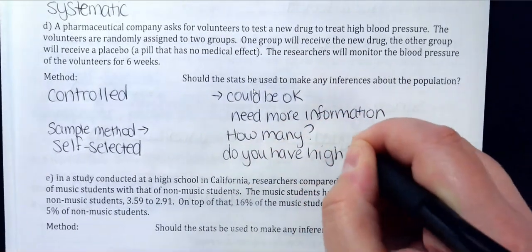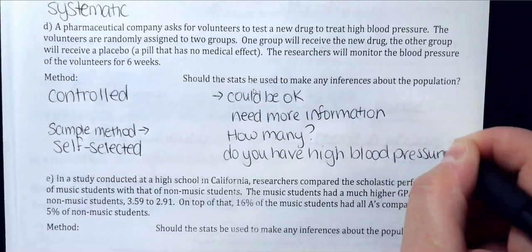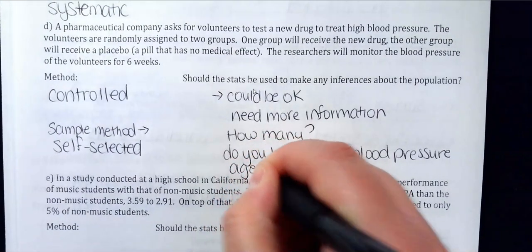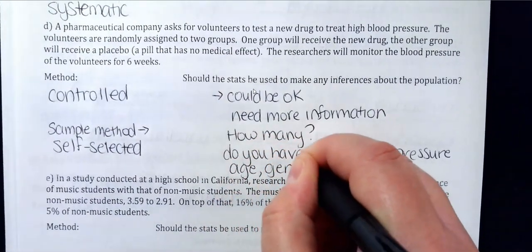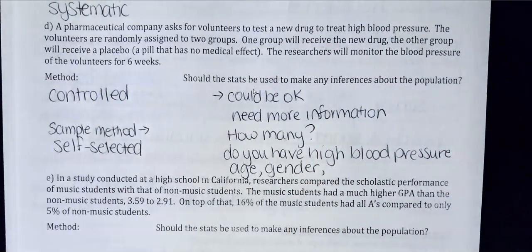Is that why you're volunteering? I would say maybe another factor. I mean, we could do age, we could do the gender, we could do a bunch of different things that would affect maybe if somebody would have high blood pressure or not. And we're not really addressing that with the description that we've got there. So this is a good start, but they need to be more specific about how they're picking these people.